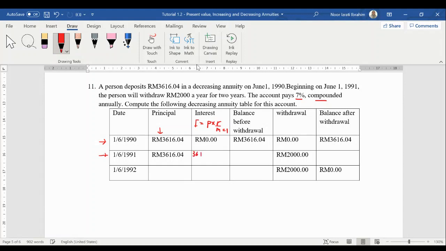So 3616.04 multiplied by 0.07 over 1 gives the interest value. The balance before withdrawal will be A plus B, which equals C. Once you get the balance before withdrawal, you minus the withdrawal amount, and that is how you get the balance after withdrawal.